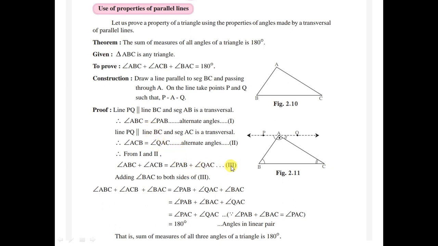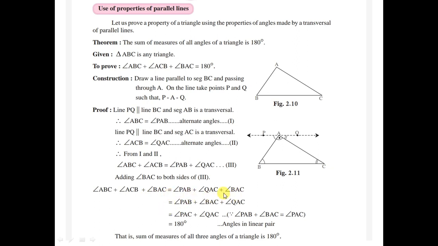That is the third equation. Now I am adding angle BAC on both sides. So I get angle ABC plus angle ACB plus angle BAC equals angle PAB plus angle QAC plus angle BAC.